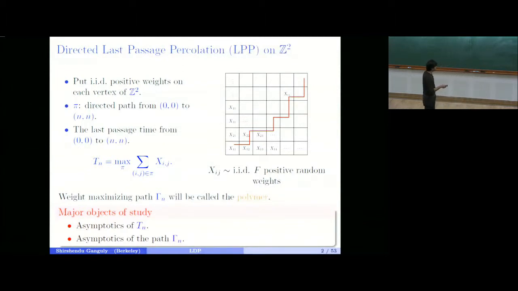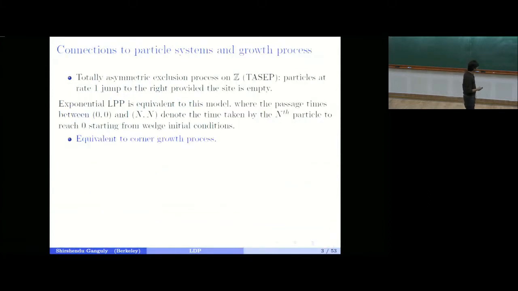The way I've defined it, the Xij's could be any IID variable as long as they're positive. TASEP corresponds to the model where things are exponential, and roughly the correspondence is this.